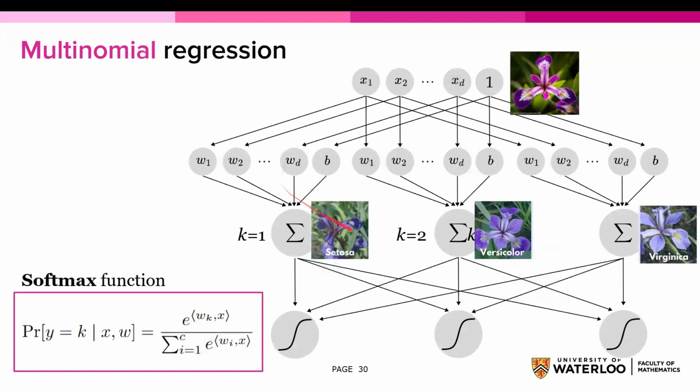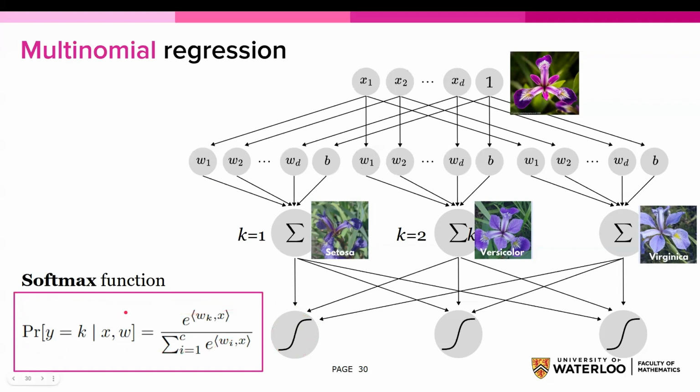The way around this is to use the information about what the predictions are for the other classes in the prediction for a given class. That is, we have to have some kind of normalization across this final output layer. The way this is done in multinomial regression is through the softmax function, which is given in this equation here.